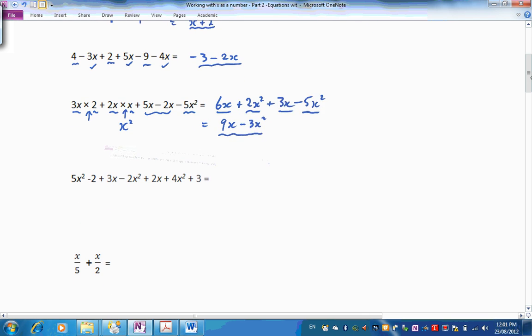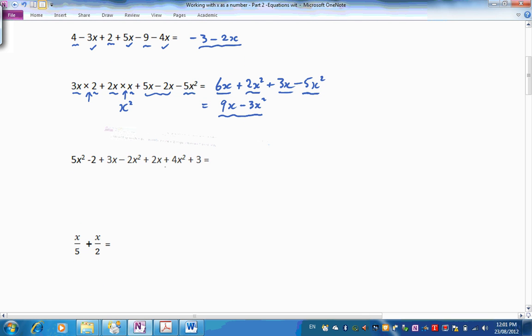Let's go down and have a look at the last one here that I like. And so here we have 5x squared. Take 2x squared is 3x squared. Plus 4x squared is 7x squared. Picking out all those terms, they're the same as each other. Let's pick out the x's now. It's 3x plus 2x is 5x.